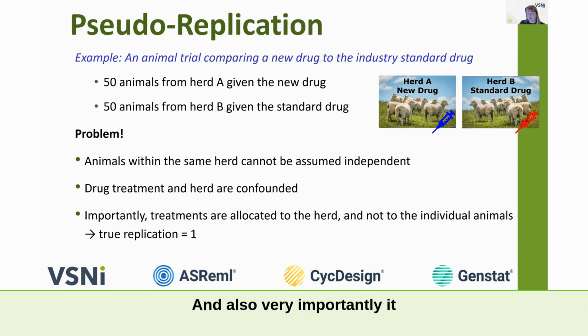Also, very importantly, it was the herd, not the individual animal, that the treatments were allocated to, and hopefully at random. So in this study, the true experimental unit is the herd, meaning there is only one replicate per treatment. Those individual animals are just pseudo-replicates.